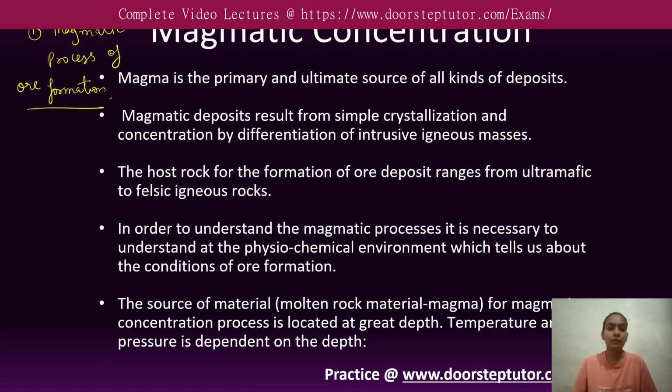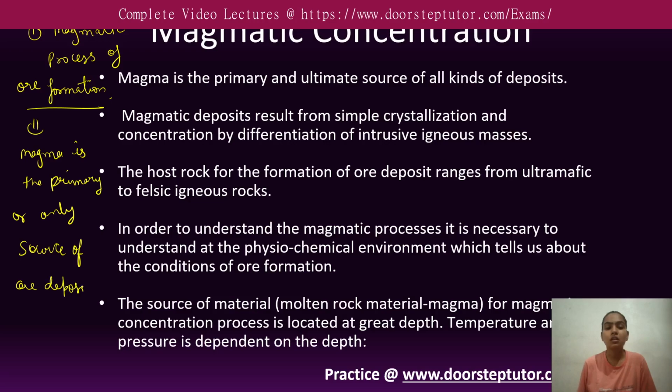So this is the magma. Here magma is the primary, or we can say only, source of ore deposit, because all the minerals in the ore come from magma.